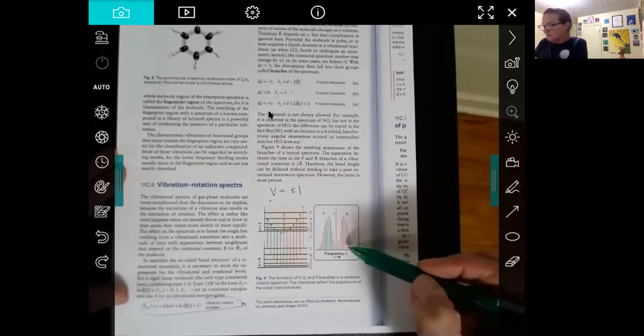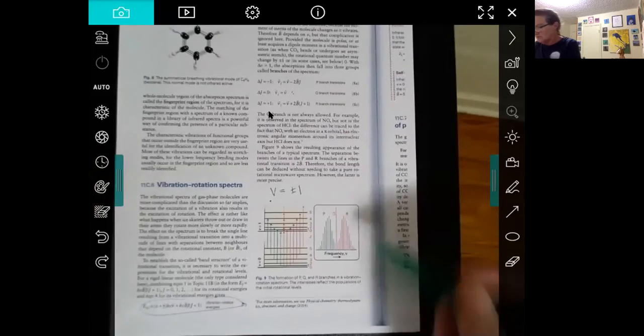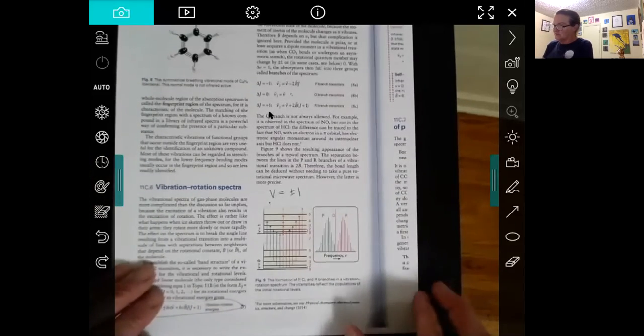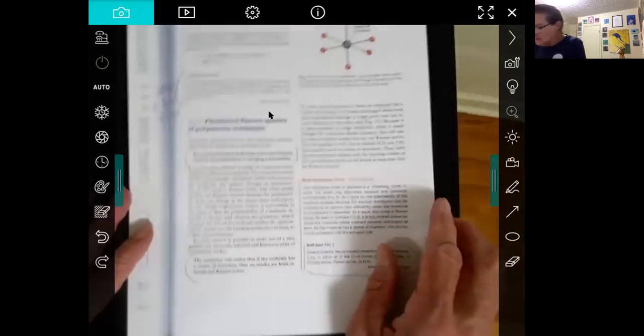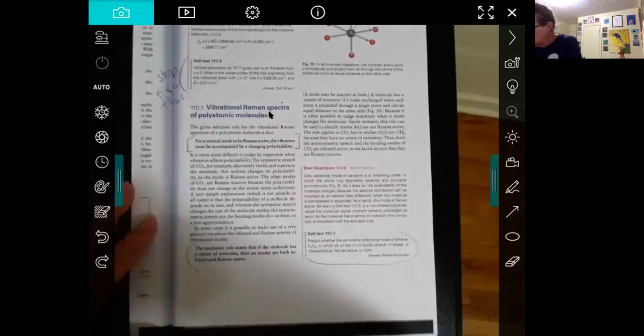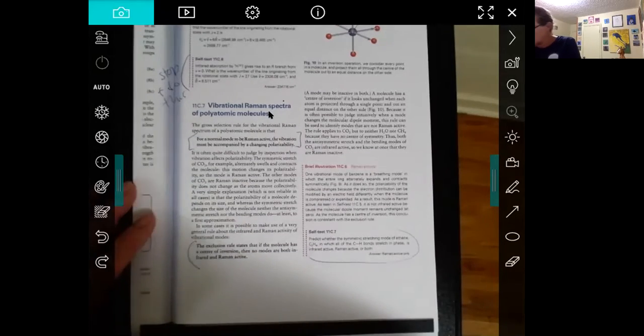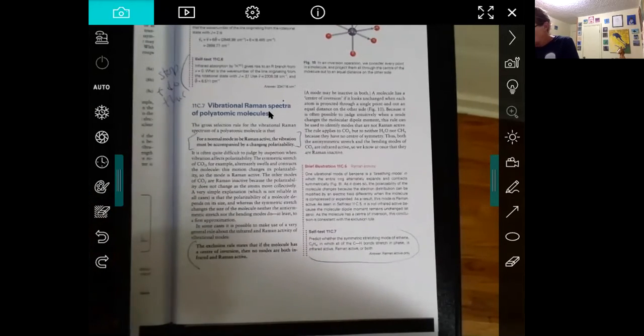And then the R branch where you went up vibrational and rotational, so they're above that Q branch in terms of frequency and energy. So stop and do self-test 11C.6 and then come back. And if you have any questions, you can always ask in class.